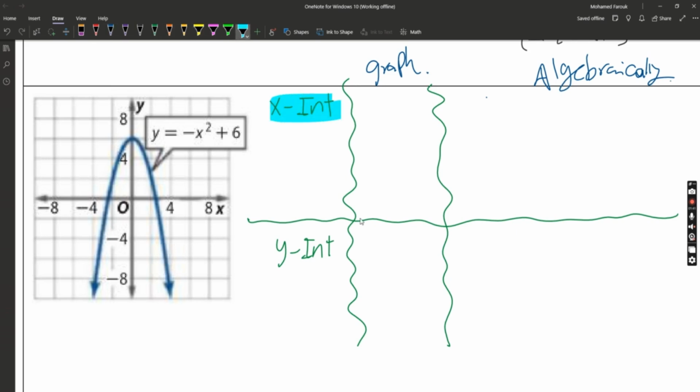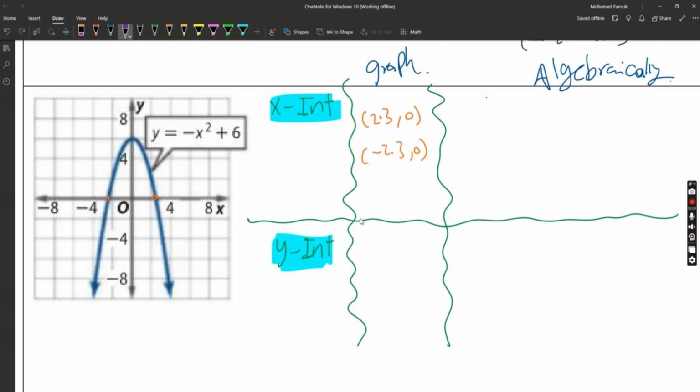Okay. At first, let's get it from the graph. X-intercepts are seen here at 2 points. I will estimate it to be 2.3, for example. So it will be (2.3, 0) and (-2.3, 0). Okay.